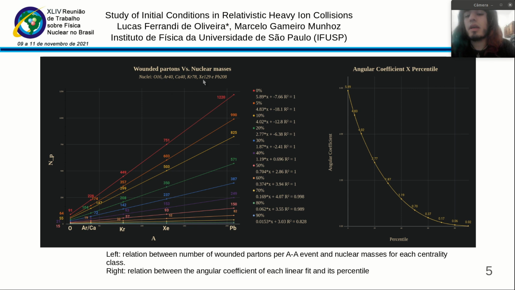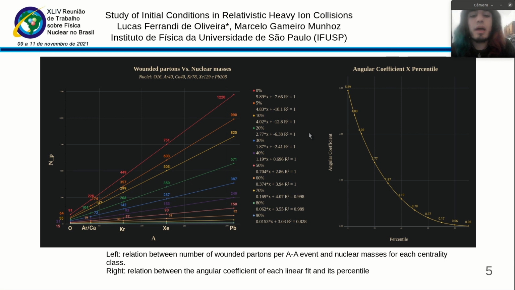Here I plotted the number of wounded partons for each of these nuclei for each class of centrality, and we can see that we obtain a very nice linear fit for this parameter, and this way we can predict the results of wounded partons for different nuclei.